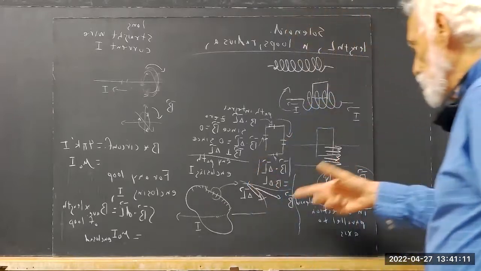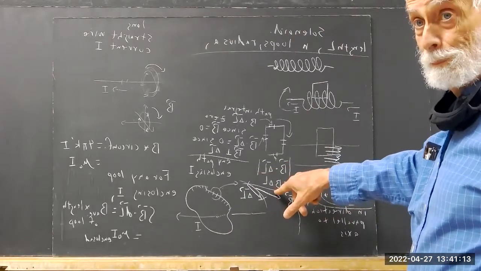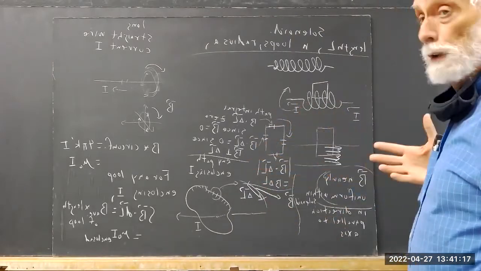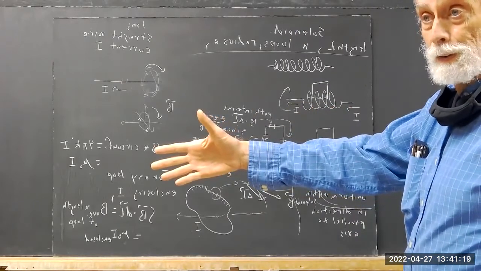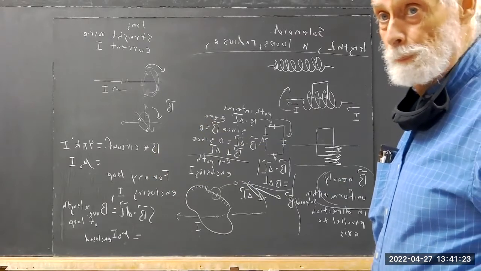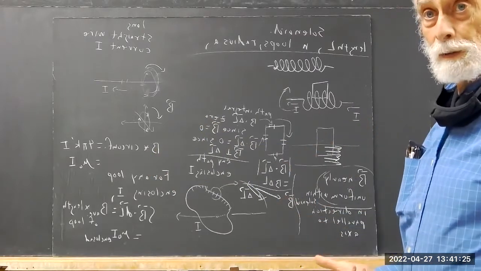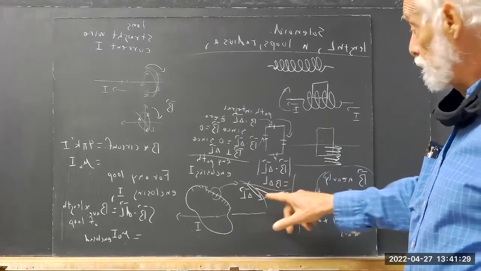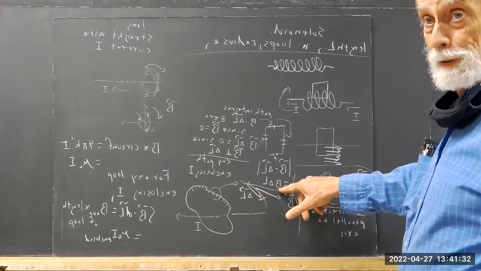Since, and I don't have room to write it, B and delta L are both along the axis of the solenoid, so they're parallel. They might be in opposite directions, which is why I have absolute value signs around it, but it's just this.